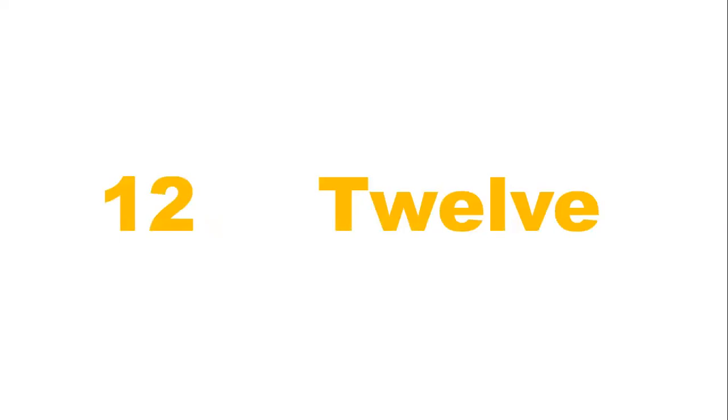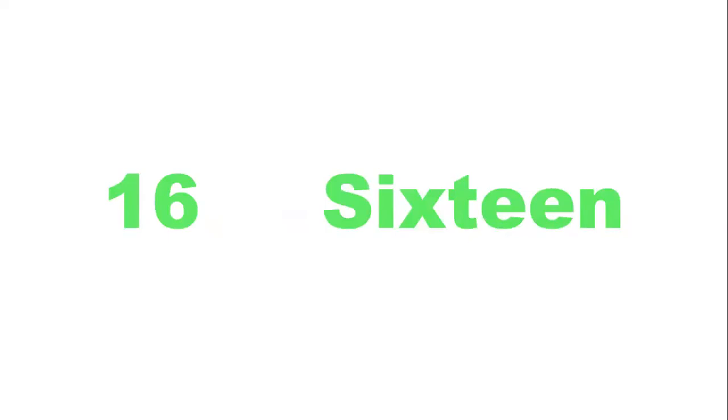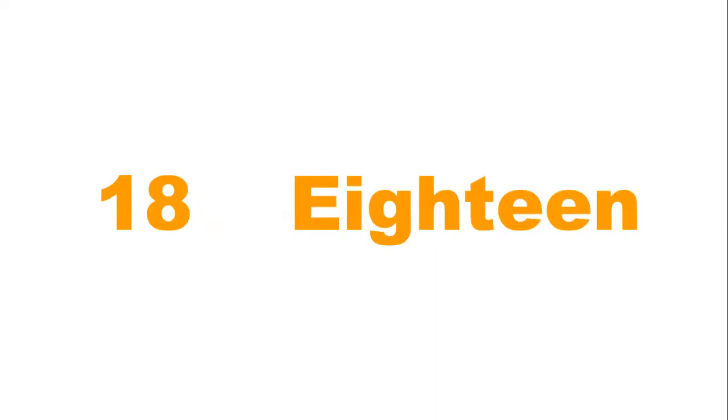We know it's plus 2 every time. 10 plus 2, 12, 14, 16, 18, 20. So let's have a look. 0, 2, 4, 6, 8, 10, 12, 14, 16, 18, 20, 22, 24, 26. That is our number sequence of plus 2, counting forward by 2.